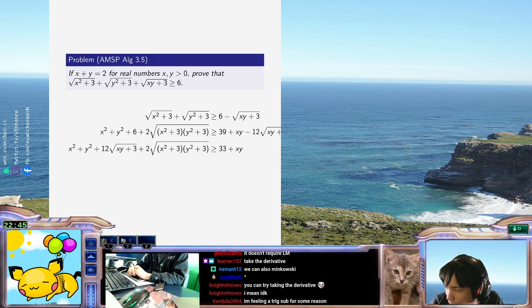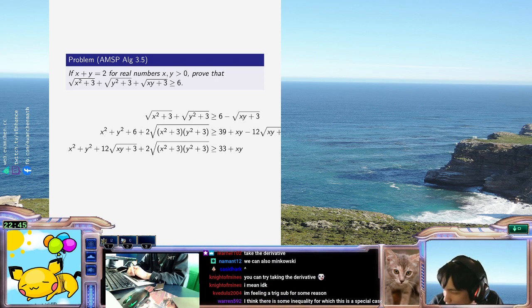That seems pretty weak. I feel like I should just be able to run it over, right? Like the right hand side looks like about as weak as you can possibly get, or maybe not. 33 might not be that small.